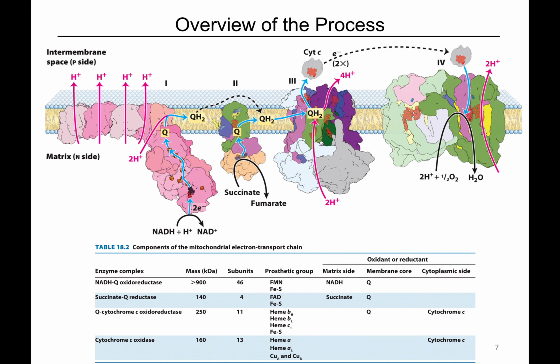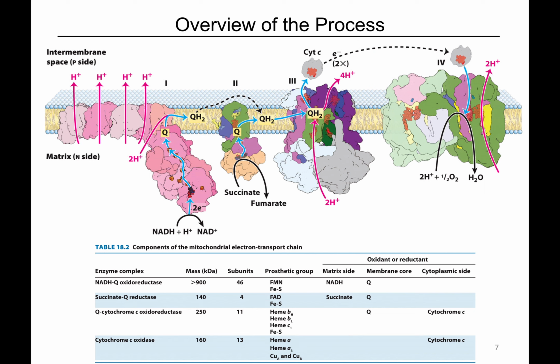And the one thing I want you to really note here and think about is the number of protons that get pumped in response to each of these electron sources. Complex 1, starting with NADH, results in pumping 4 protons by complex 1. Complex 2, however, note, does not pump protons, and that's important.